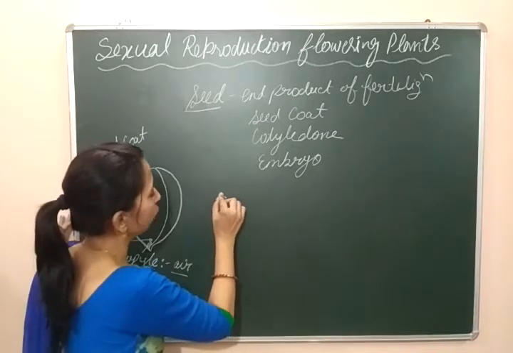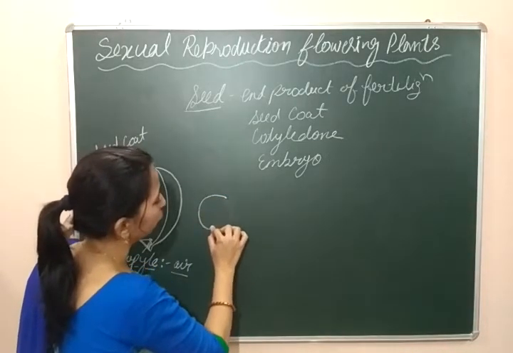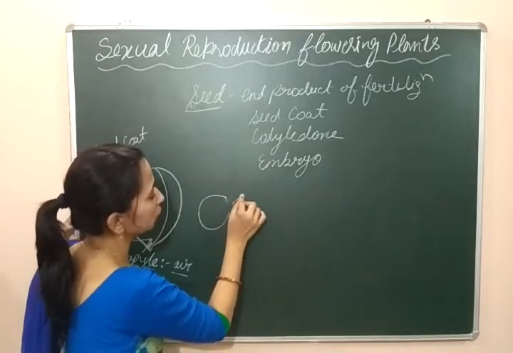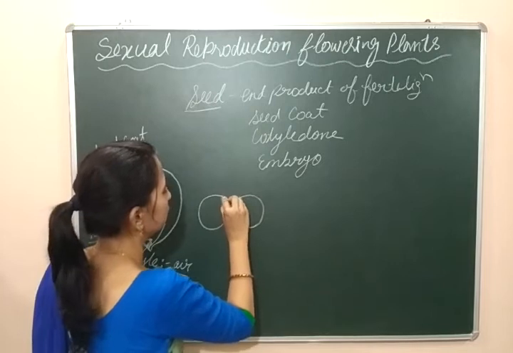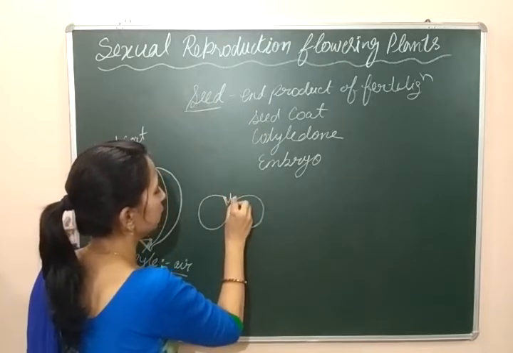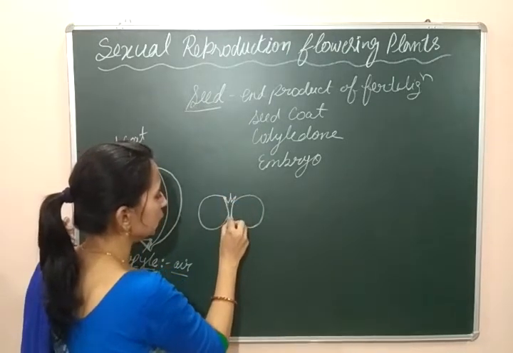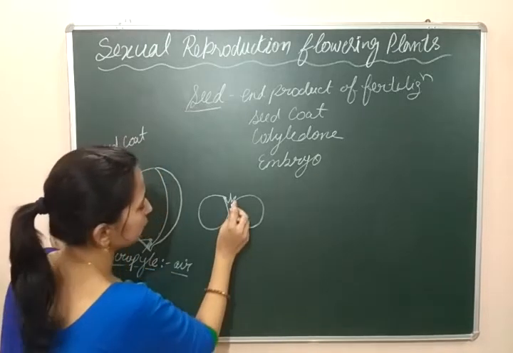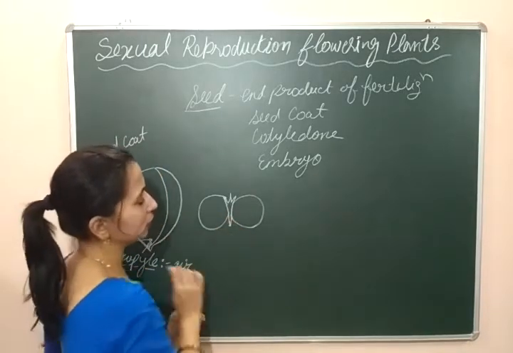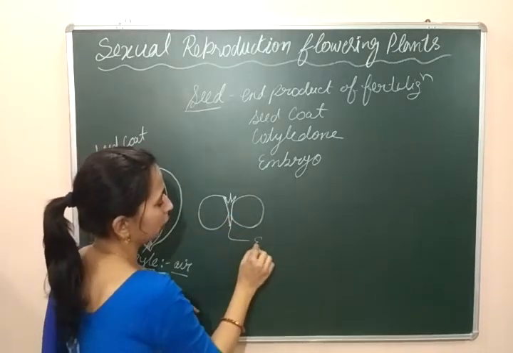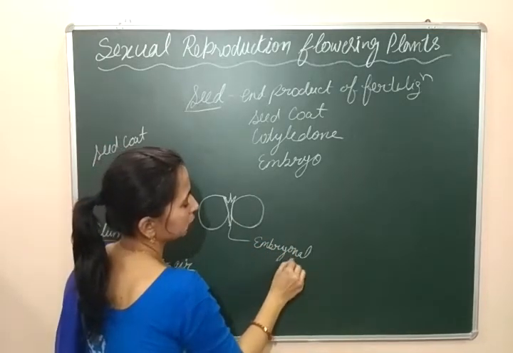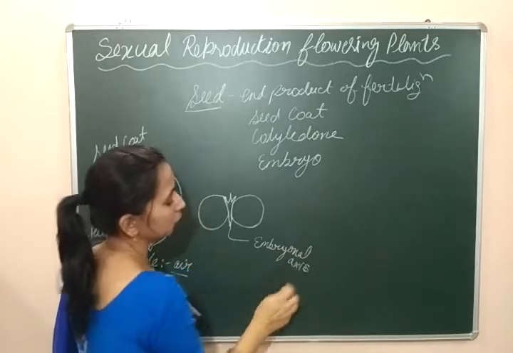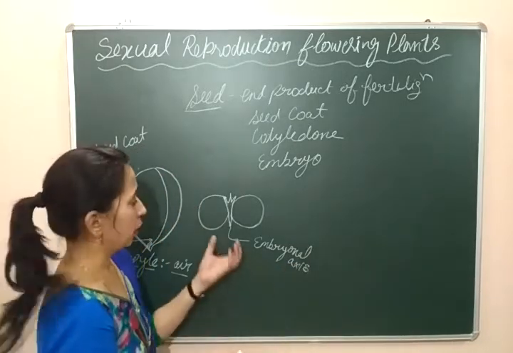If we draw the inner view of the seed, let's see what is present inside the seed. Seed के अंदर क्या चीजें हैं, अगर हम उसके बारे में बात करते हैं. This is the embryonal axis, the center part. This embryonal axis further gives rise to the new plant.